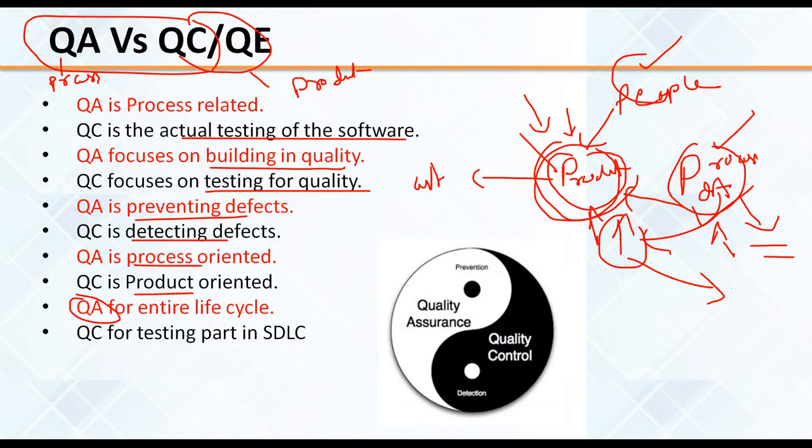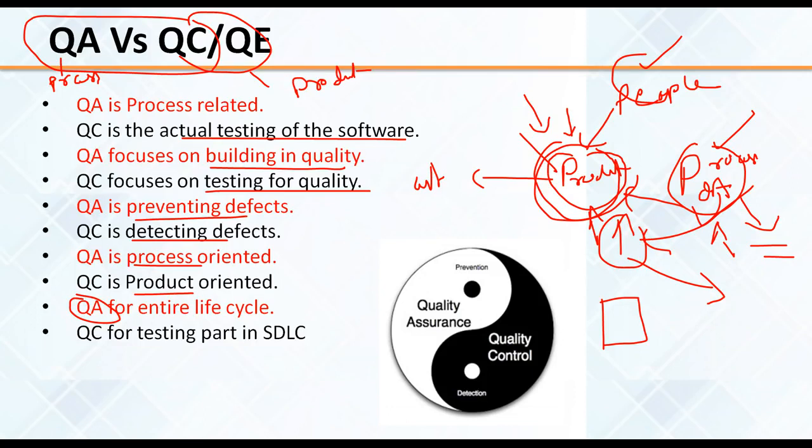They are writing the automation code. So the developers are writing the code for developing the software, and testers are also writing the code for testing the software. So both are writing the code. That's the reason QC people are also called quality engineering. QE team is nothing but the automation testers.